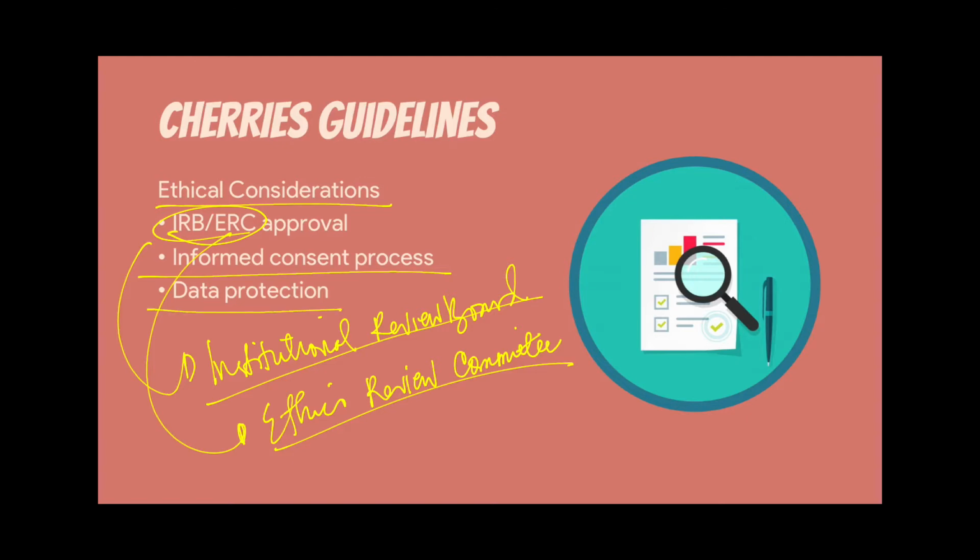And of course, data protection. This really talks about who has access to the data. So for example, when you use Google Forms, the raw data will be available in your Google Drive. So who has access to that? Who has sharing to that? The answer should be only the people who are involved in the research directly, so it's the researchers. If you have a manager or an advisor or mentor, then they could also have access to the data you are collecting, because they also have a stake in your research.